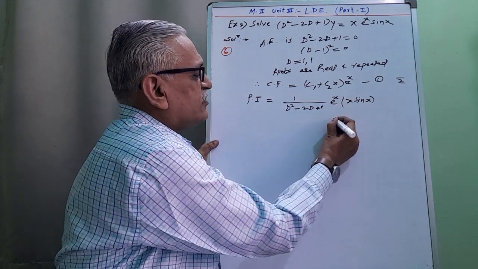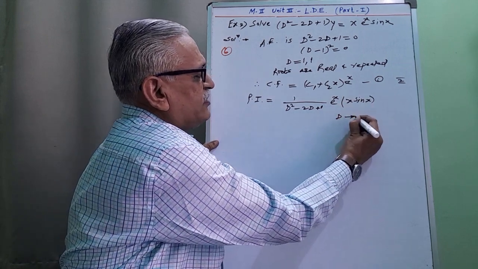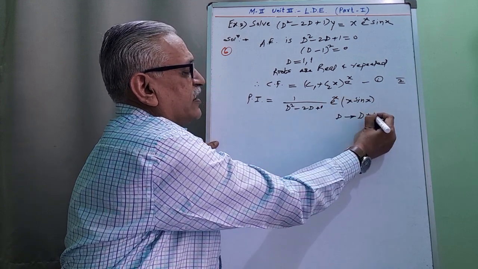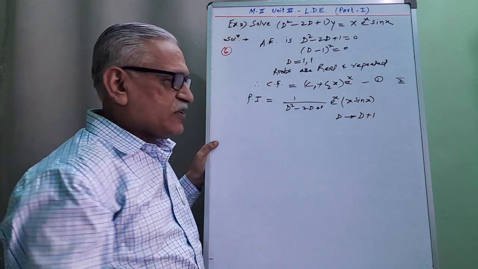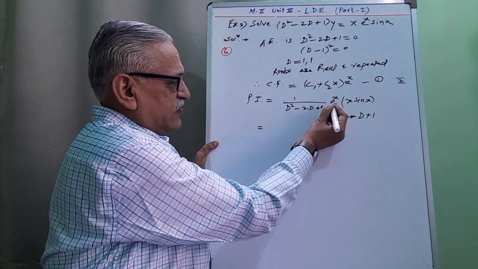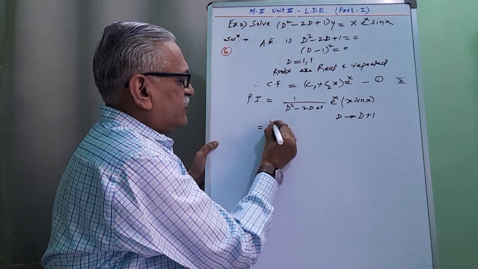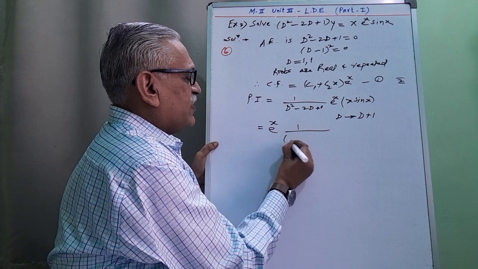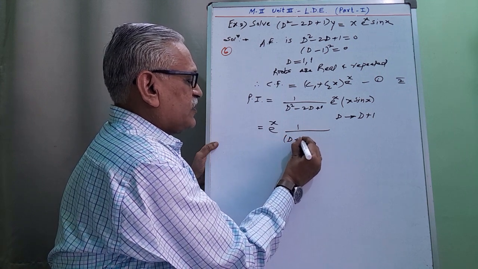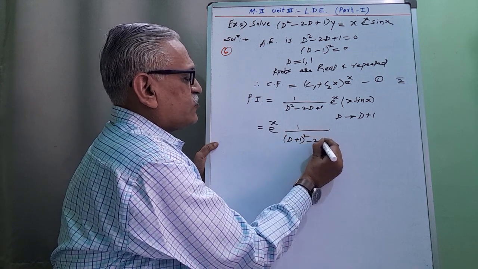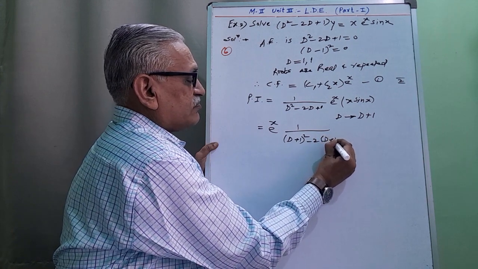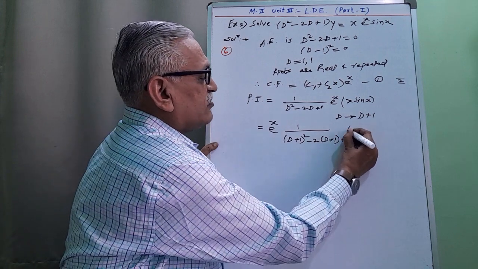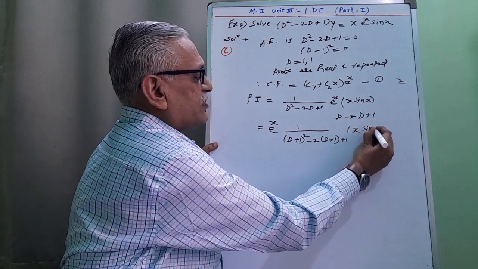For this case, the rule is that we have to replace D by D + a, a being the coefficient of x, that is 1. Therefore, replacing D by D + 1, and while writing it, e^x we have to take before the operator, 1 upon (D + 1)² − 2(D + 1) + 1, which we have to operate on x sin x.